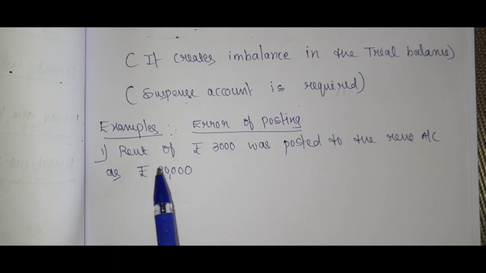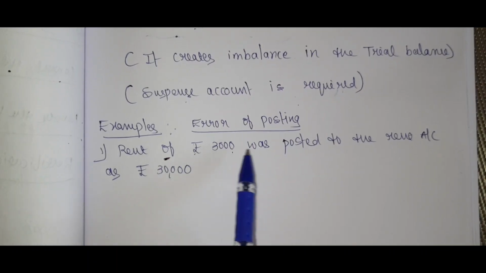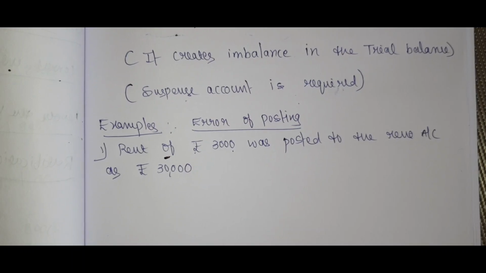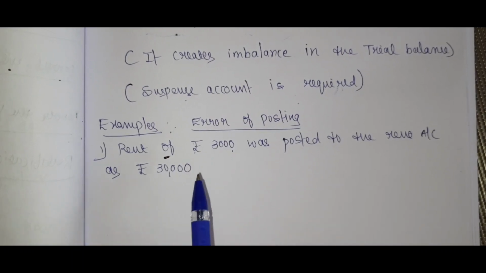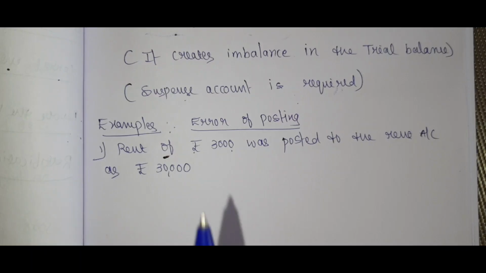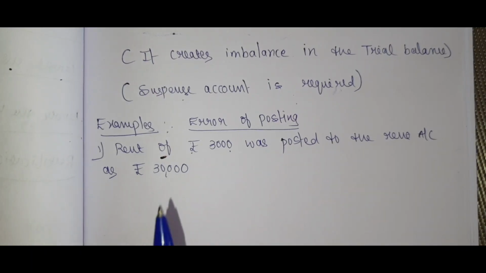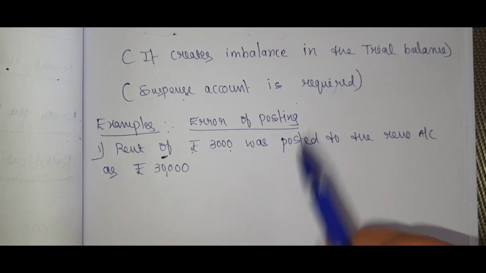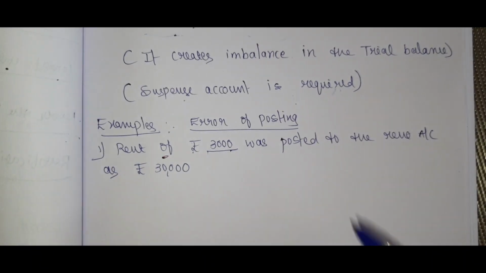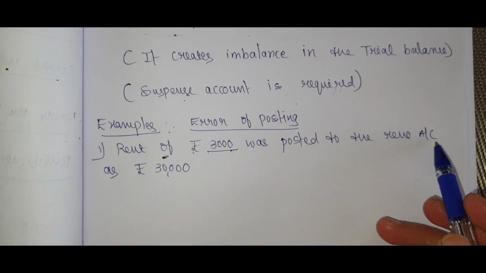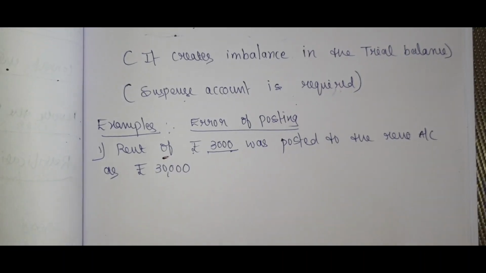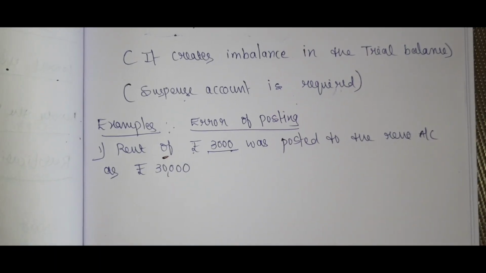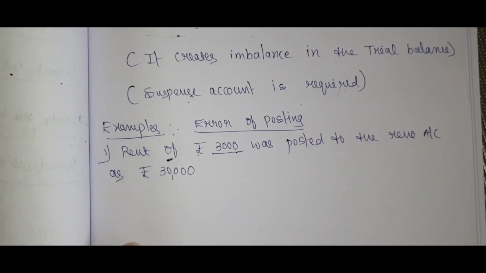Error of posting. See here, rent of rupees 3000 was posted to the rent account as rupees 30,000. By reading the transaction only, you will understand whether it is a one-sided or two-sided error. Actual rent was rupees 3000, but it was posted as rupees 30,000. So what is the wrong entry?